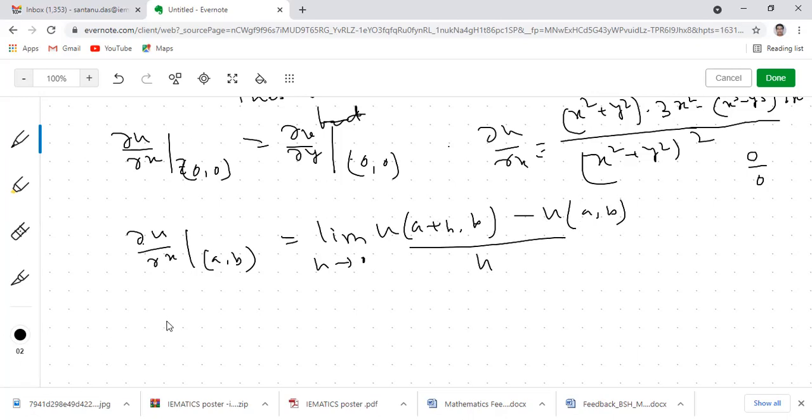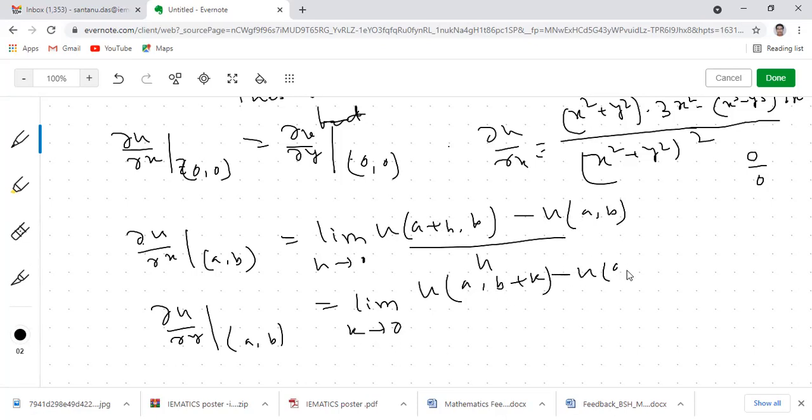Similarly, del u del y at (a, b) will be limit k tends to 0, u(a, b+k) minus u(a, b), divided by k. That means here the x coordinate is fixed at a, but the y coordinate changes from b to b plus k, divided by k.